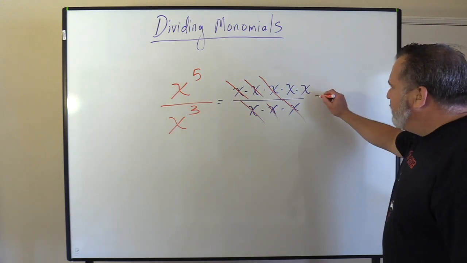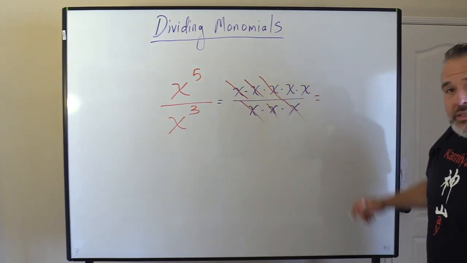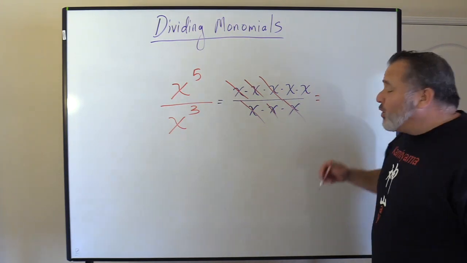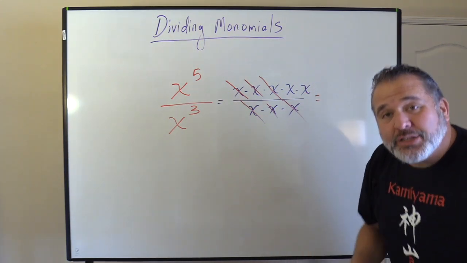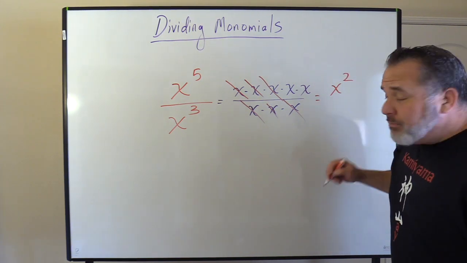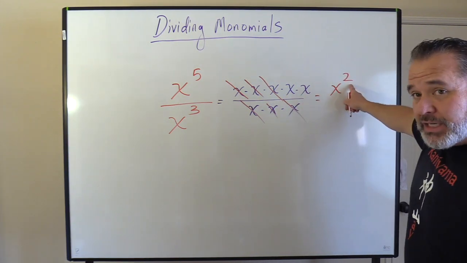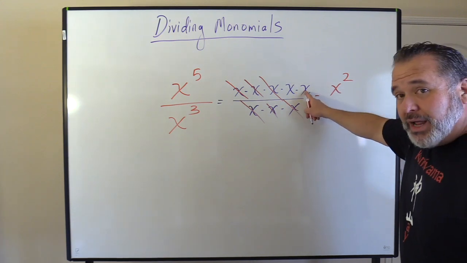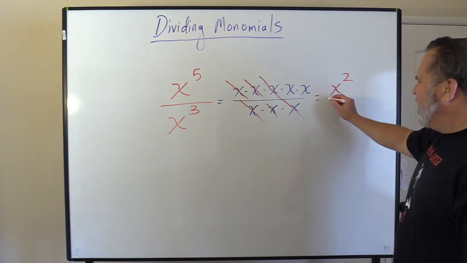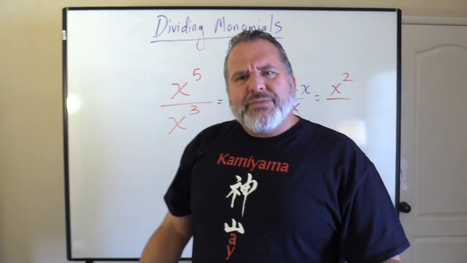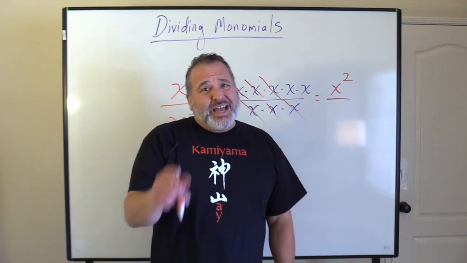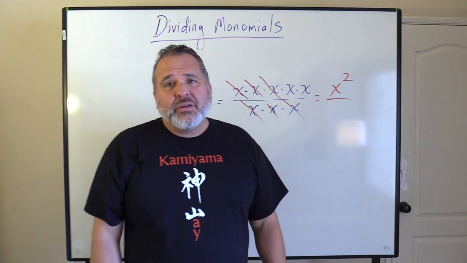So what our answer is going to be is anything that's left over. What is left over on top? An x and an x. 2 x's. So how can I write that using exponents? X squared. Because there's 2 x's, my exponent is 2, and we're multiplying, right? So x times x is x squared. And what's left on the bottom? Now think, folks, if you cancel everything out on the bottom, does that mean you're left with 0? Because I know that's what some of y'all thinking.